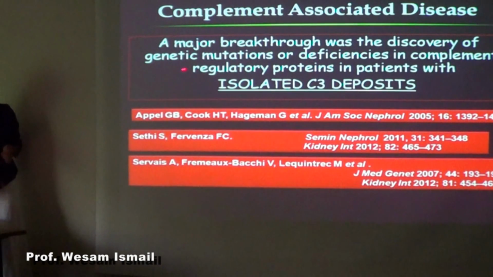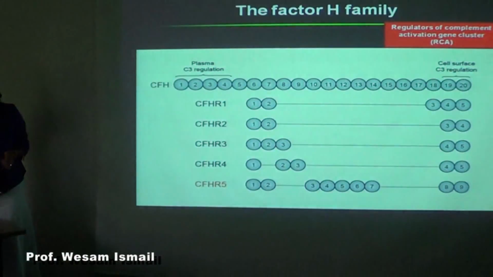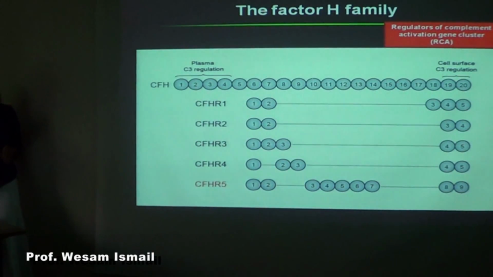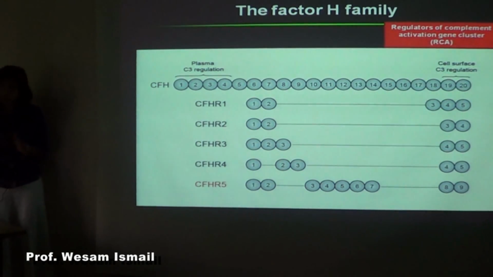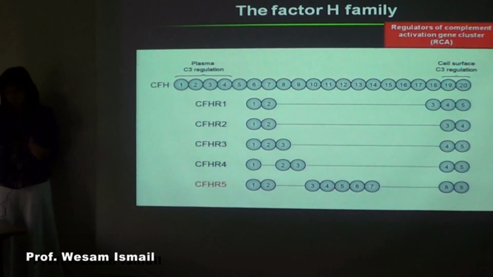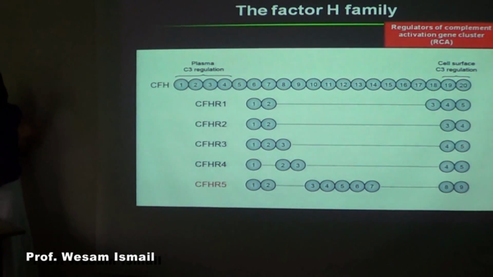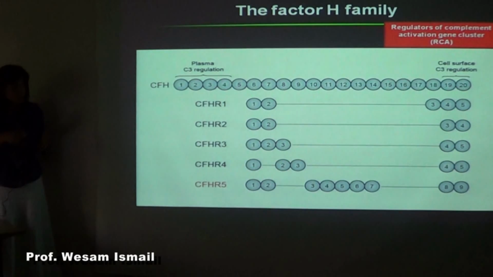This breakthrough said that we have genetic mutations or deficiency in complement regulatory proteins in patients which present with isolated C3 deposits. What are complement regulatory proteins? I'm not going to go over the complement system, but we know that we have the classic pathway, the lectin pathway, and the alternative pathway, and we know that the alternative pathway is actually always switched on. But these pathways and the inhibition are regulated by a variety of genes.